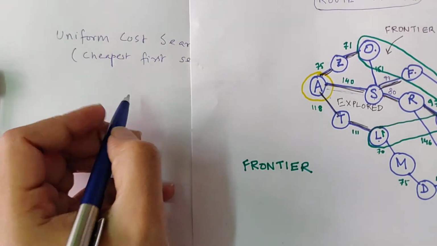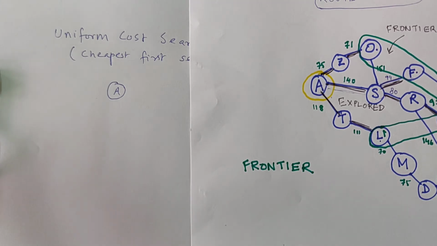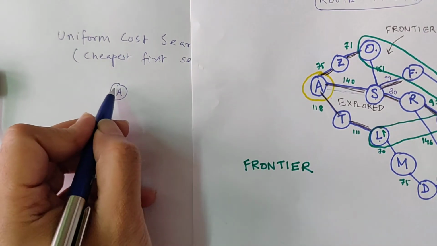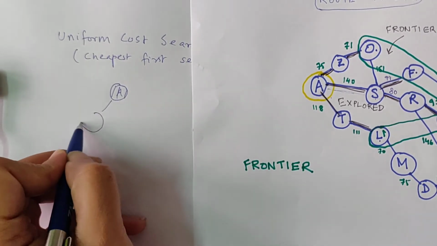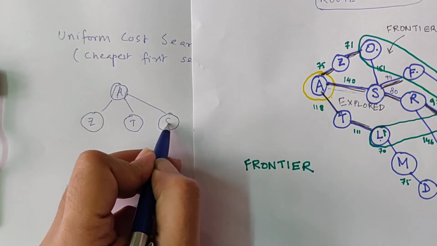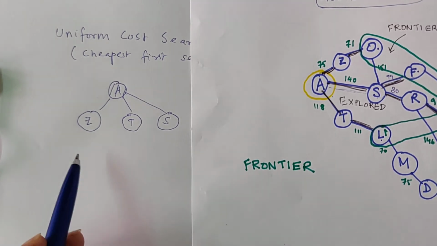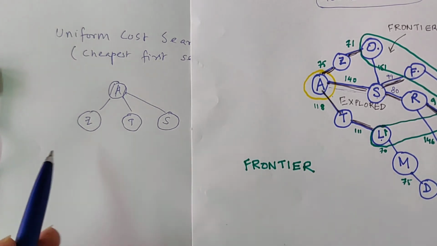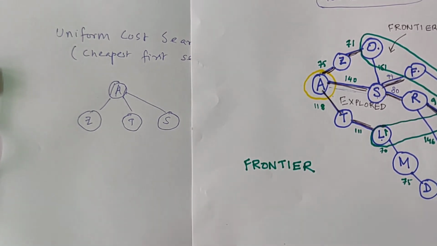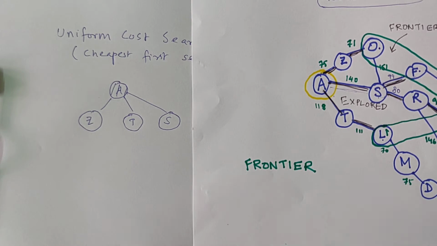Here, as before, we start with A. We explore A, and add the three children Z, T and S. Now in uniform cost search, in breadth first search I could have opened, in the next step, any one of the three, because all Z, T and S are at one step from A. I could have opened any one by breaking a tie.